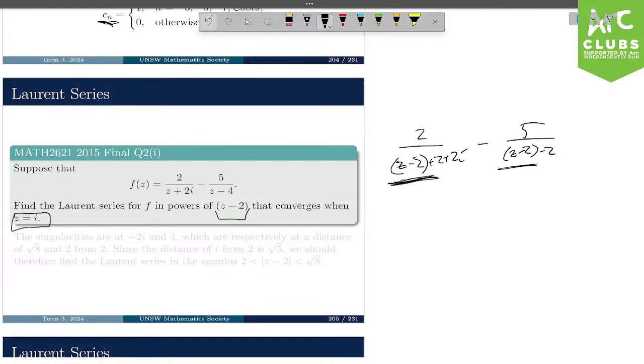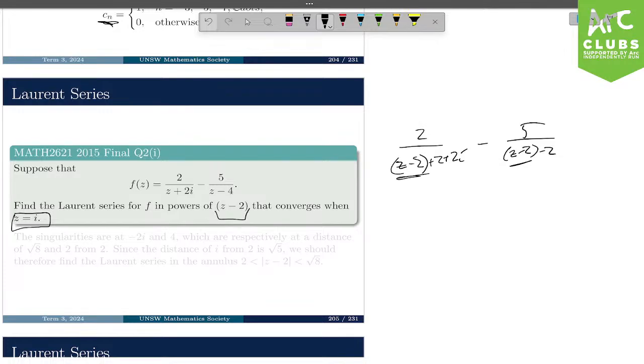Okay, well, if I get the magnitude over here, if I get z minus 2 is going to be what? If it is equal to 2, then there's a chance that it just straight up diverges, which is not good.